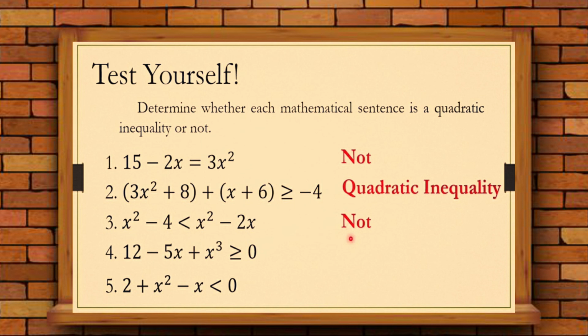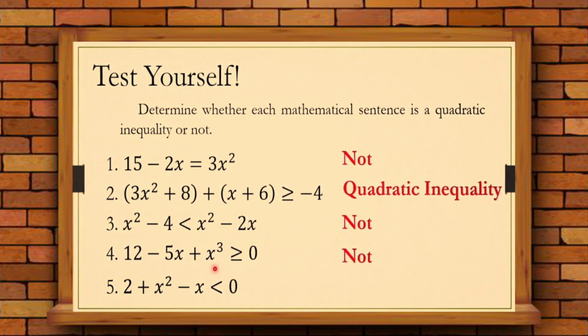Another. Okay, it's very obvious. This is not a quadratic inequality because the highest degree is the third degree. Remember, a quadratic inequality should be of degree 2.